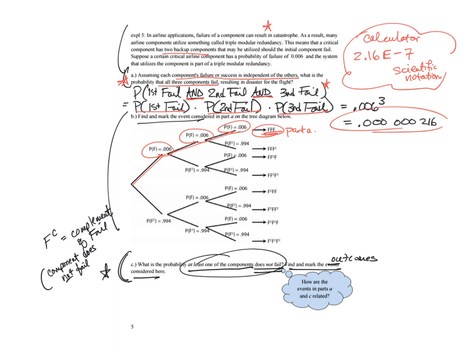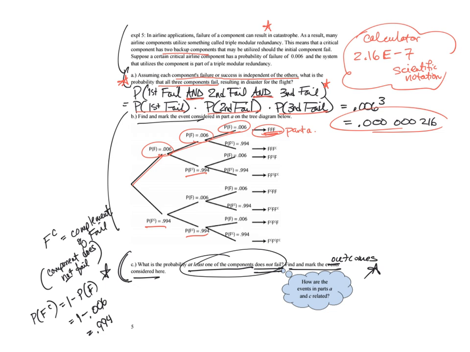Now, we had already seen that the probability of a complement is 1 minus the probability of the event. So I'm just taking 1 minus 0.006 to get that 0.994 that you see there throughout for the probability that a component does not fail. Okay, now that being said, let's go find and mark the outcomes considered in part C, which again is the outcomes where at least one of the components does not fail.